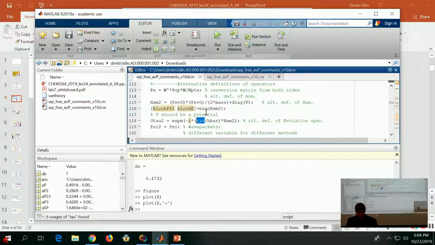You're absolutely correct. There is nothing wrong with this. But there is a practical observation that doing this evolution operator with longer time intervals accumulates numerical error.